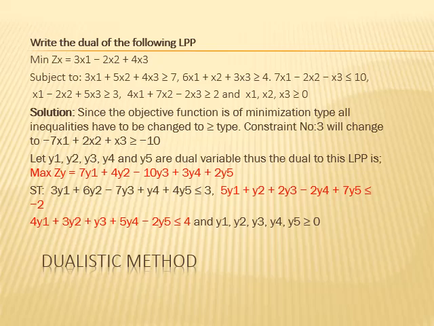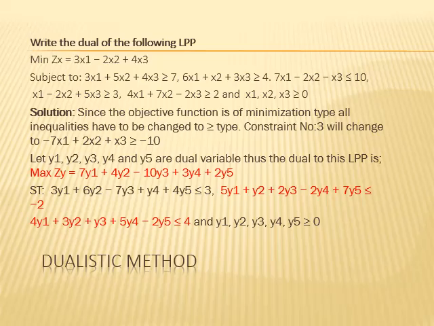Okay, write the dual of the following LPP. Given minimization z equals 3x1 negative 2x2 plus 4x3. The constraints are: 3x1 plus 5x2 plus 4x3 more or equal 7, okay.